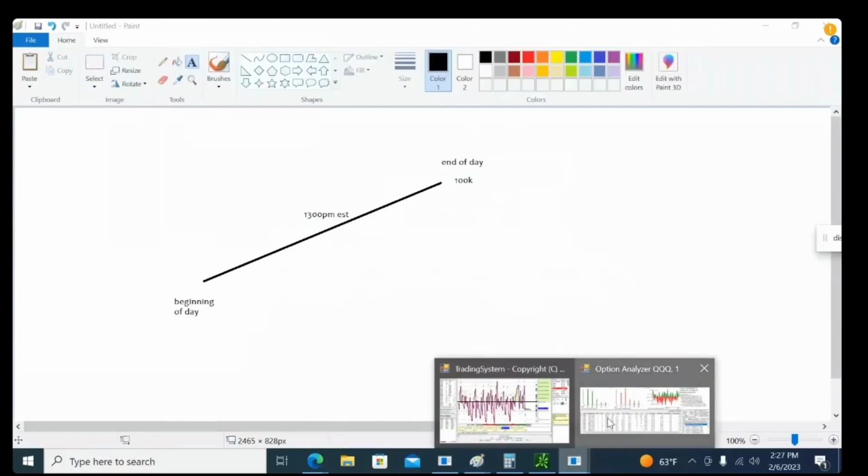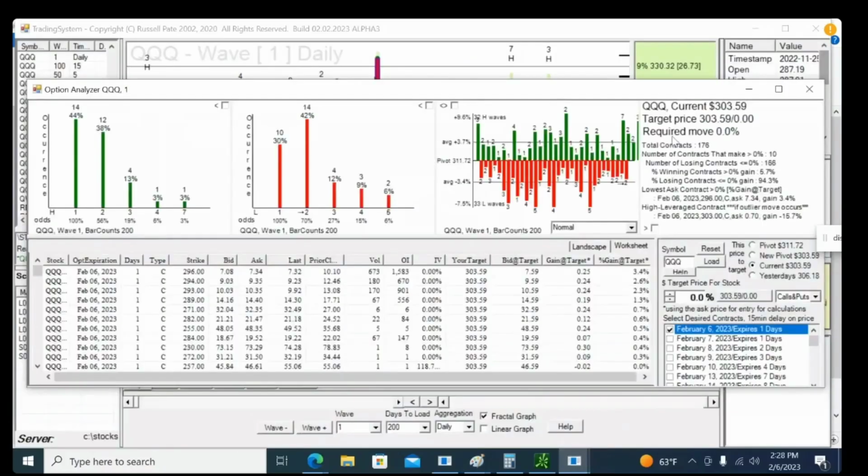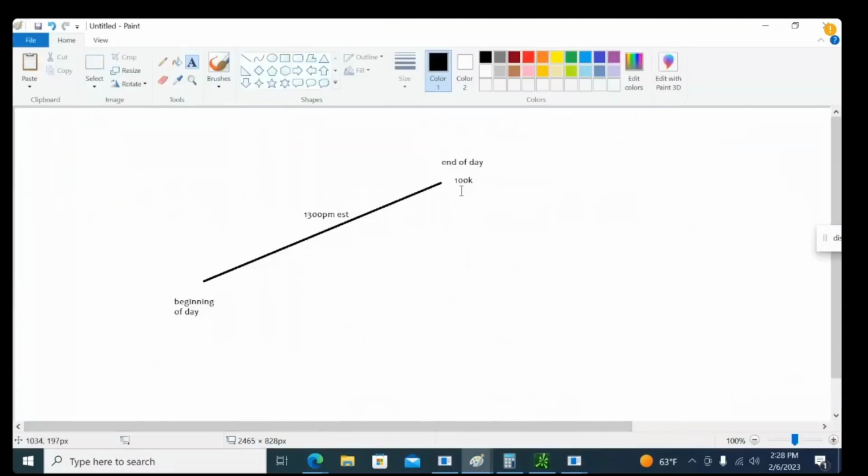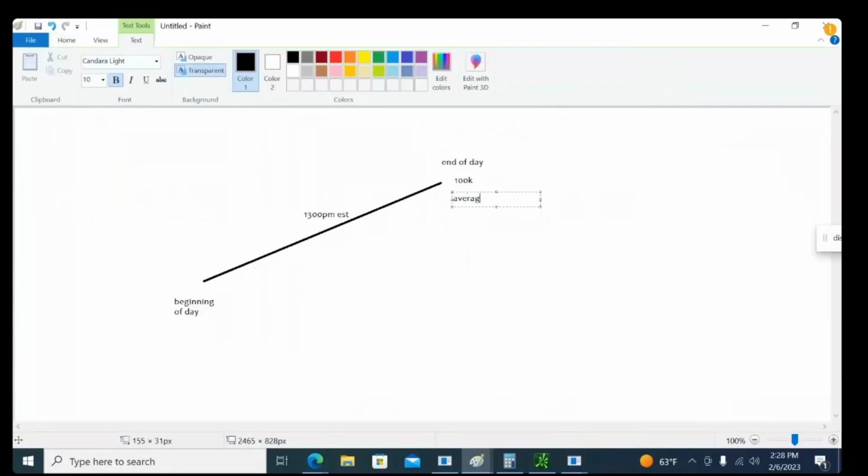The numbers that we get over here become better and better by hitting up and down because there's less on average. If this was average volume of contracts, okay, 100,000 contracts is average.